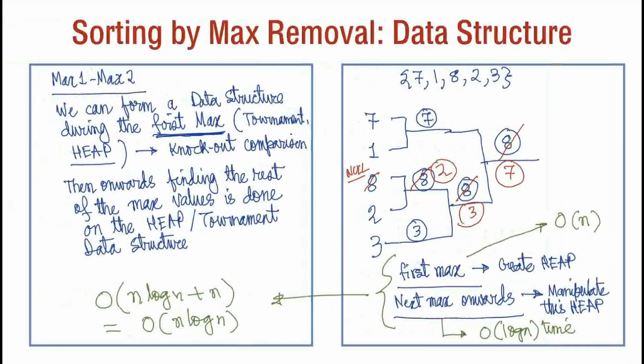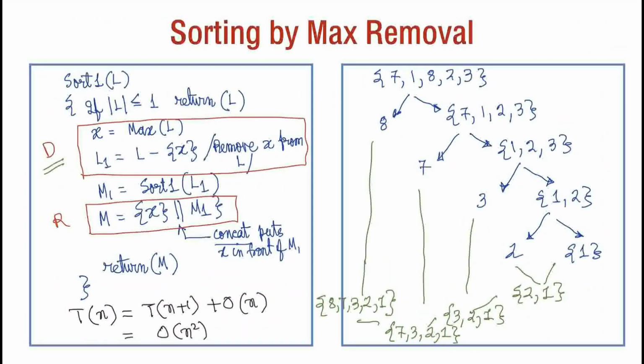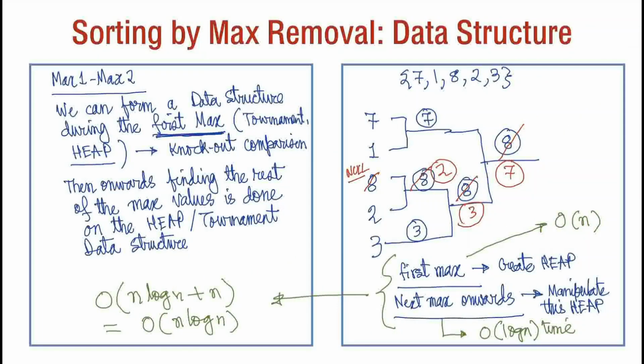Just to repeat, we looked at D and R. Here there was no other choice, but in this case the max operation itself had a choice. There were various ways in which we could do max, as we have seen in our previous method, and we use one of those choices, wherein we build this data structure.